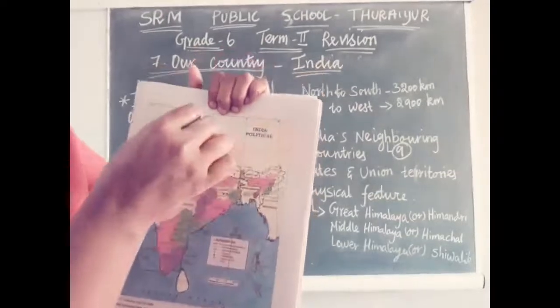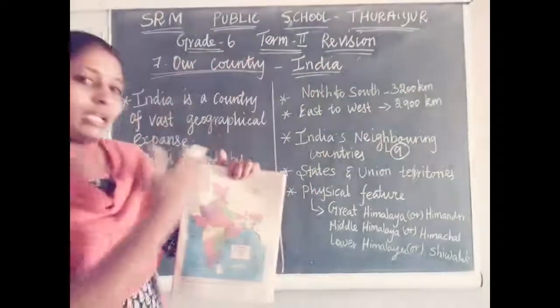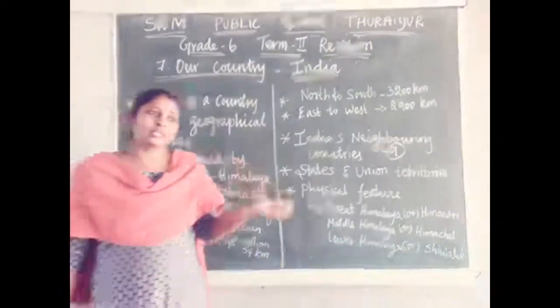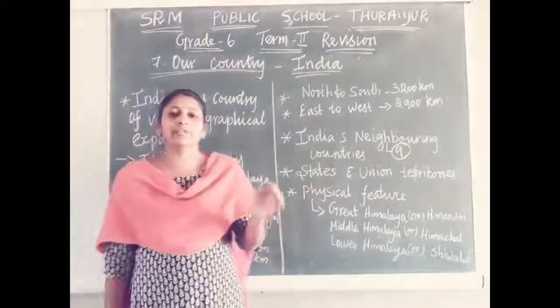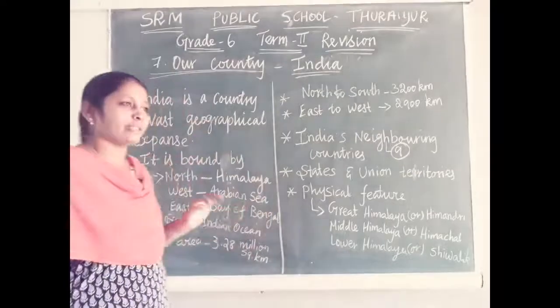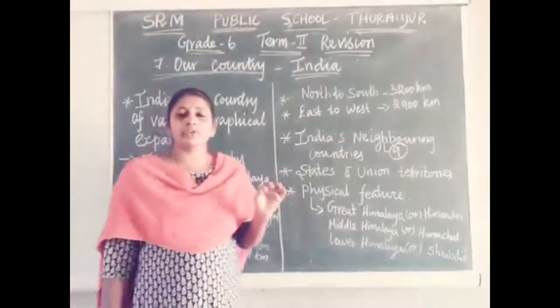Jammu and Kashmir was one part declared a union territory and one part a state. Like that we have 28 states and 8 union territories.